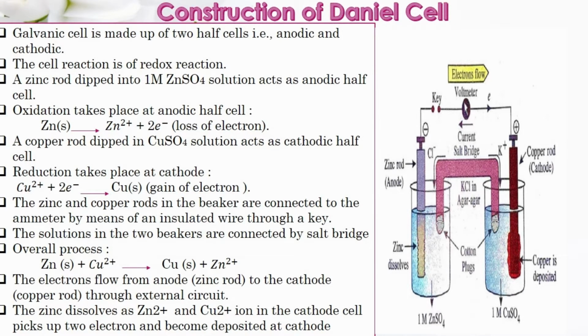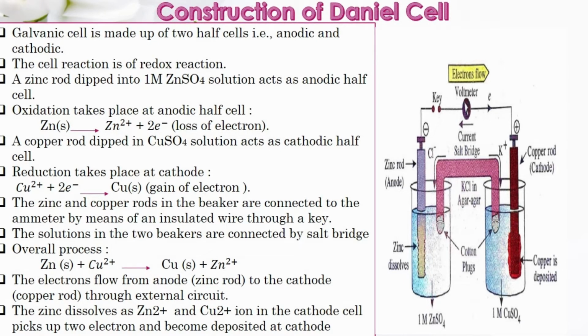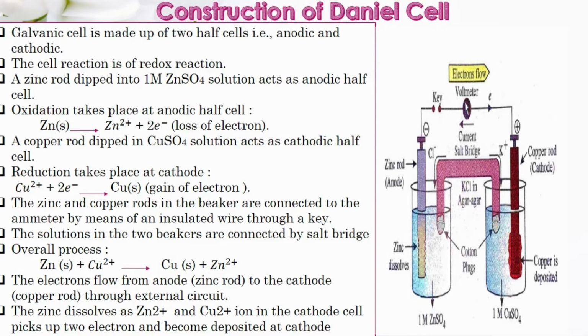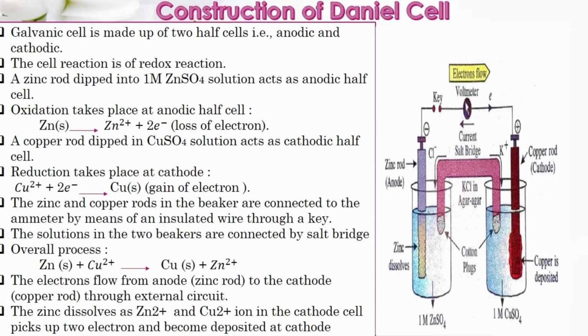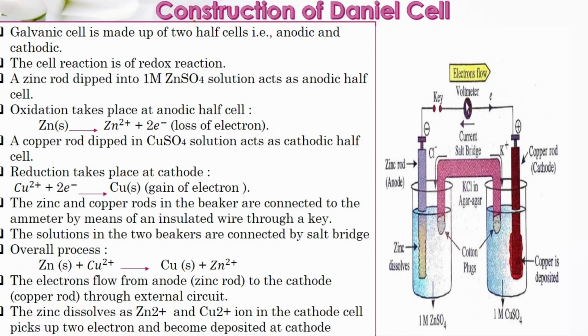When the circuit is completed by inserting the key in the circuit, it is observed that current flows through the external circuit, and that is indicated by the voltmeter. We can make the following observations. The weight of the zinc rod gradually decreases, and in the zinc sulfate solution, the concentration of Zn2+ ions increases.